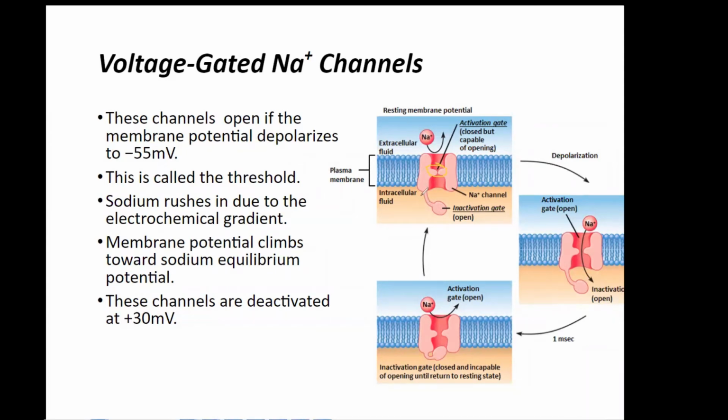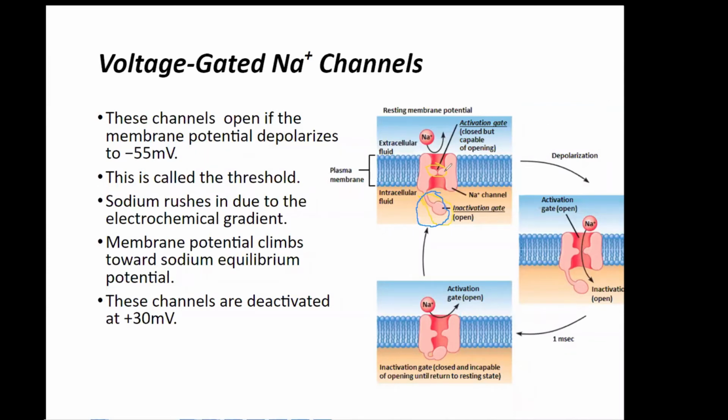Then we have a second door on the inside of the cell, on the intracellular side, called our inactivation gate. So when we start out at the resting membrane potential, before we've changed anything, our activation gate is closed and our inactivation gate is open.